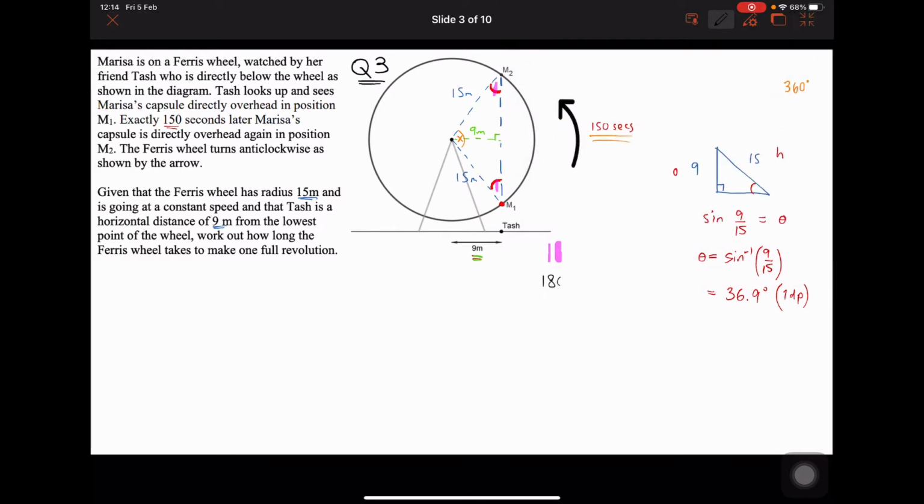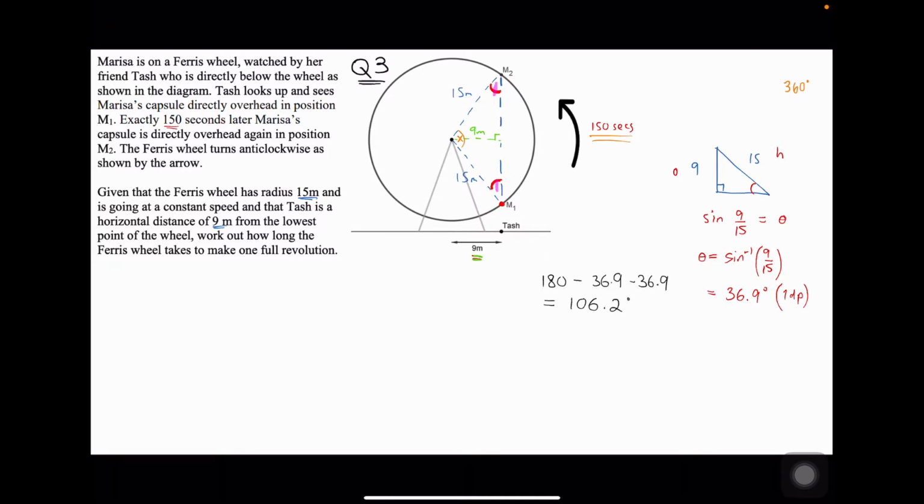I'll write 180 take away 36.9 multiplied by 2, or I could just write take away 36.9 again. Doesn't make a difference. Equals 106.2 degrees. Yes. So I've worked out the angle X. We'll round it to 1 decimal place.